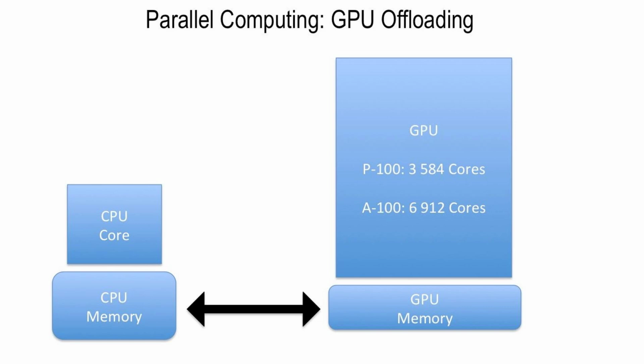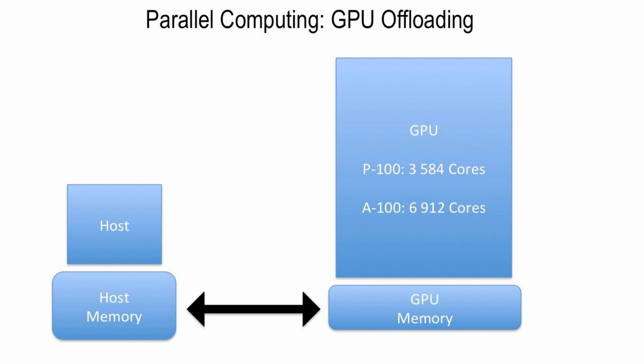The CPU core undertakes crucial responsibilities like managing system resources, coordinating data transfers between different components, handling system input-output, and performing tasks that may not align well with the parallel processing capabilities of the GPU.